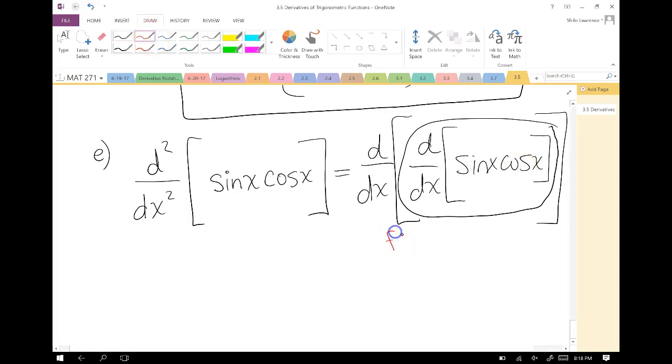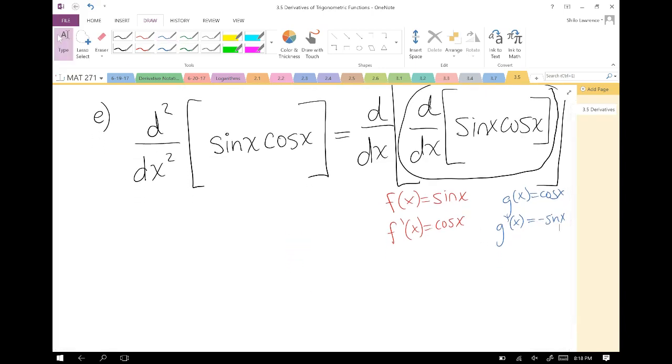So f of x is sine. F prime is cosine. G of x is cosine. G prime is negative sine. So that's my outsidemost derivative.